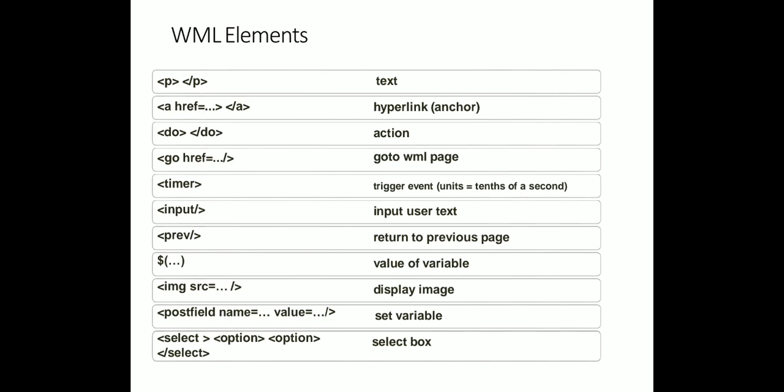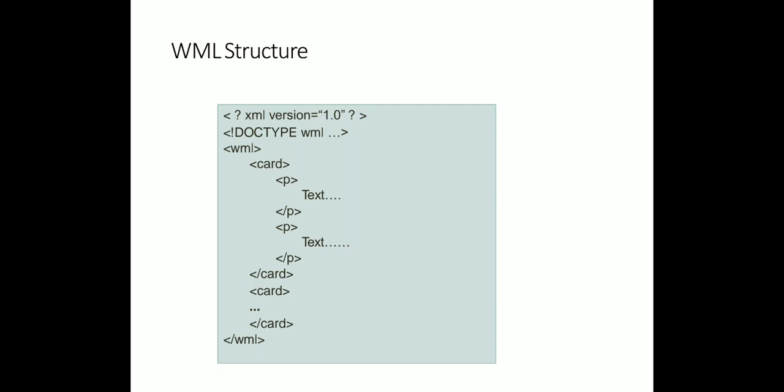Then postfield with name and value, for setting the variables. And select and option, used for a select box, which we have already seen in our programs. So we'll move towards the WML structure.